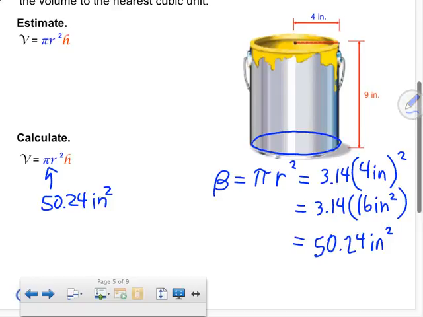We got to multiply that by my height. What's the height of this going to be? What's the height of my cylinder? It's 9 inches. So take the value that we just calculated.